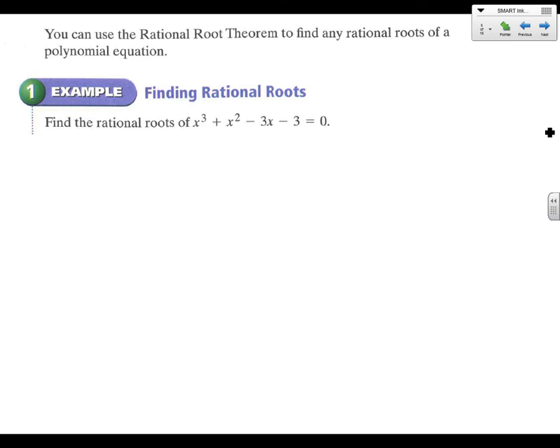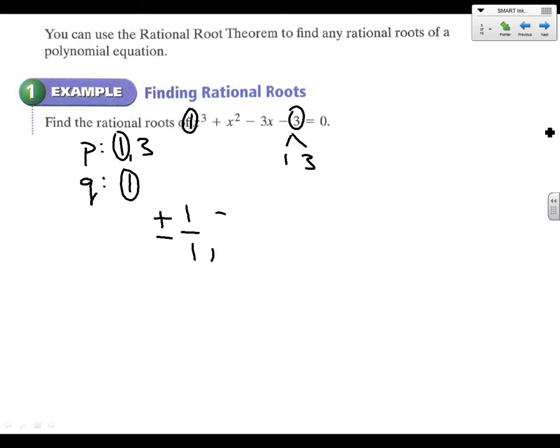Trailing term, the constant is 3. So what are all the factors of 3? Just 1 and 3. So P is 1 and 3. What about our leading coefficient? That's just 1. There's only one factor of 1, and that's 1. So all the possible factors are plus and minus 1 over 1 and 3 over 1. All the combinations. That's just the same as saying plus or minus 1 and 3.